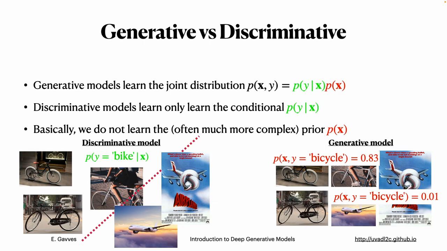The prior means that you have to learn all likelihoods for all possible inputs first, be it bicycles, cats, dogs, dark images, light images, good illumination, shading, whatever, to be able to say something about whether this is a bicycle or not.